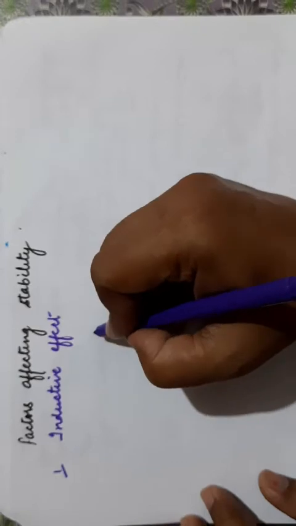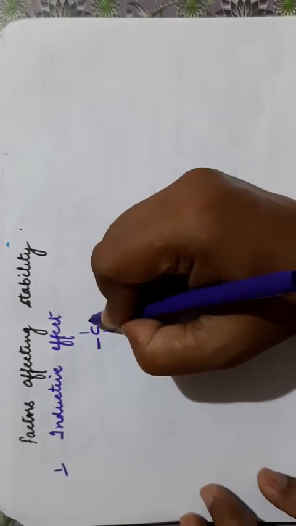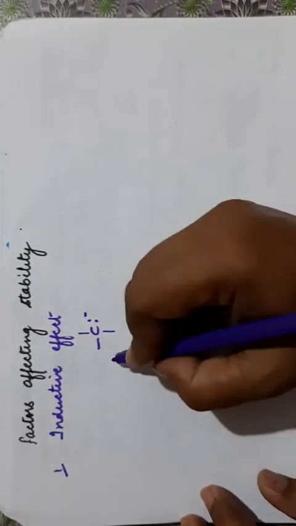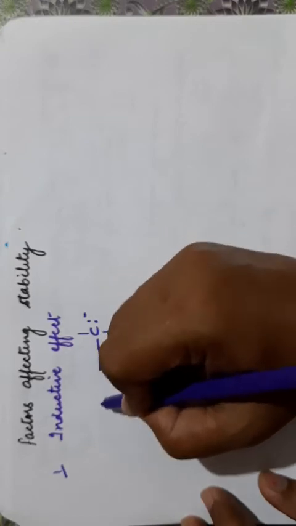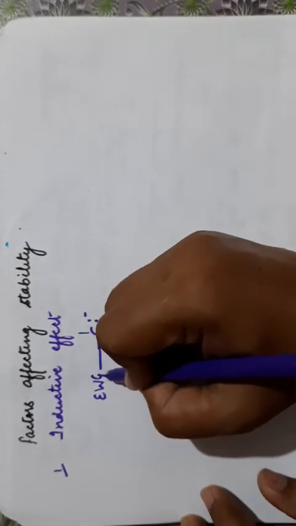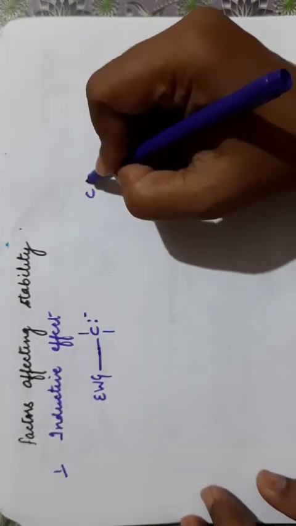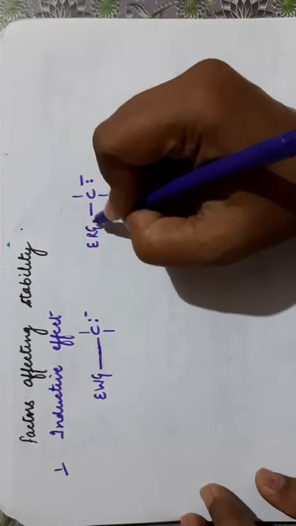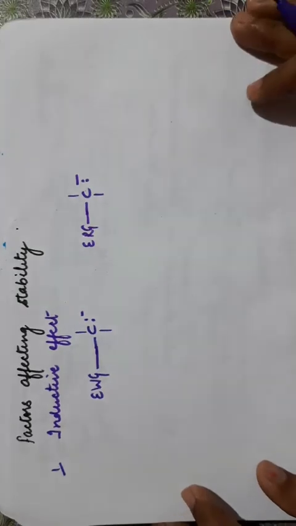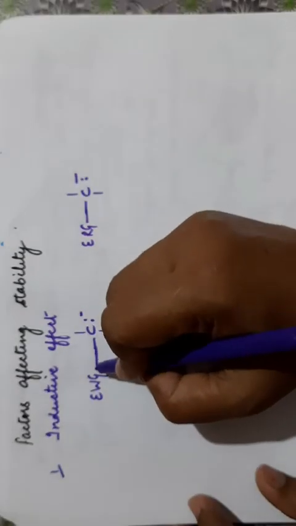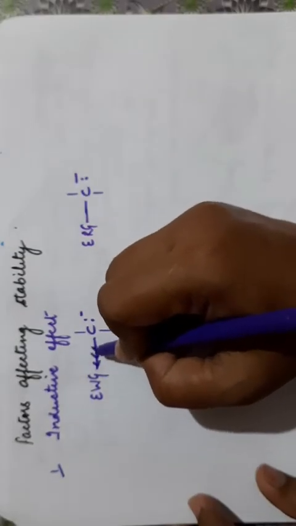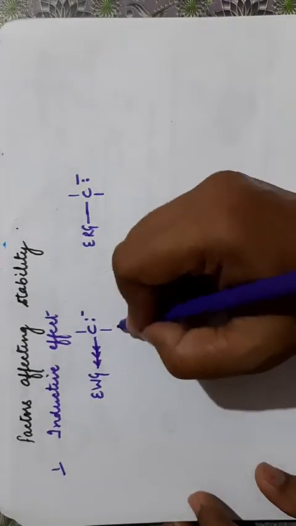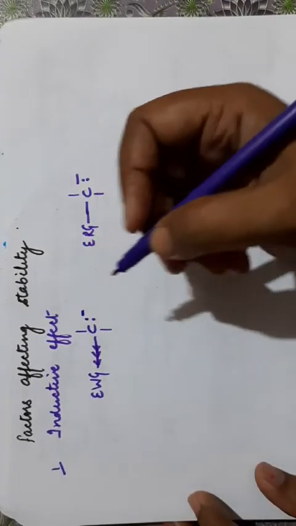Now suppose this is the carbanion, and we have an electron withdrawing group attached here. In another case, we have a carbanion and an electron releasing group attached here. Electron withdrawing group means it will withdraw the electrons towards itself.